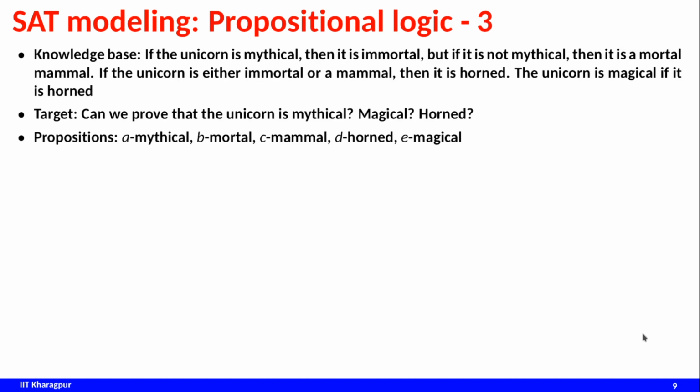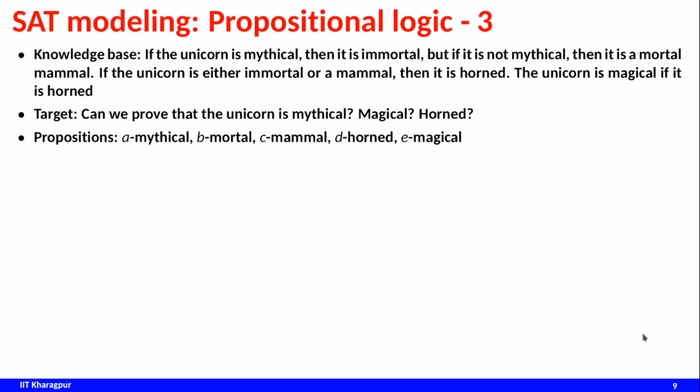So let us take a little bit bigger example now. In this example, what we specify is a big knowledge base, something like this. If the unicorn is mythical, then it is immortal, but if it is not mythical, then it is a mortal mammal.